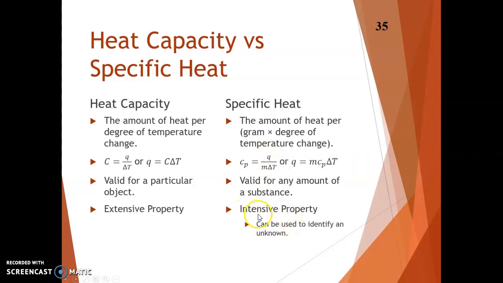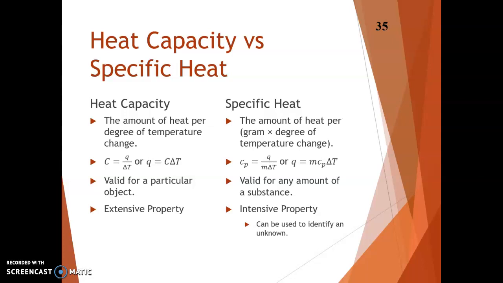So it's an intensive property, and that means that it can be used to identify an unknown. Intensive properties don't vary regardless of the amount of a substance. Density, melting point, boiling point, specific heat, those are all intensive properties that you've probably seen on your reference table.